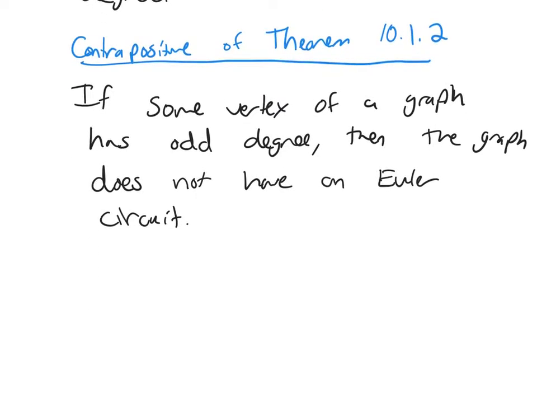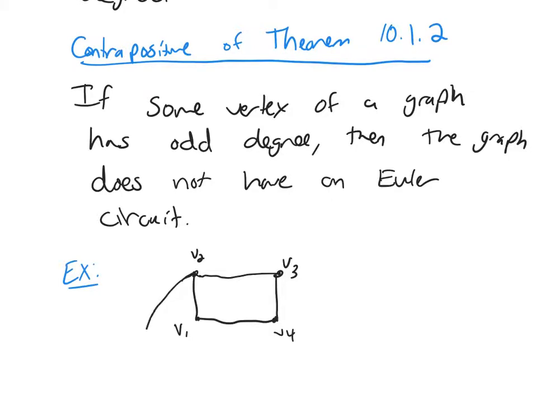So let's look at an example. Let's look at a graph with 4 vertices: V1, V2, V3, and V4. And I'm not going to label the edges just yet.